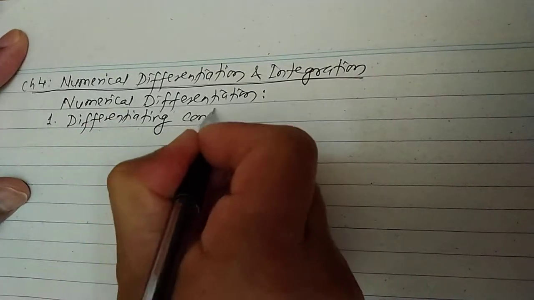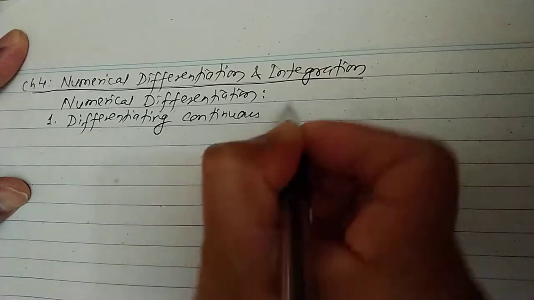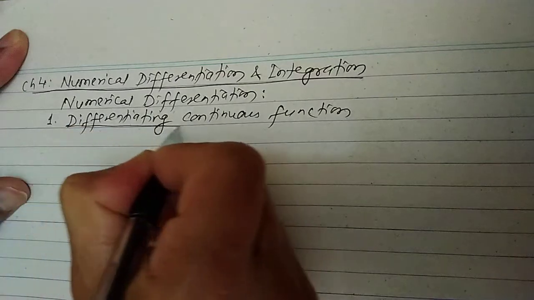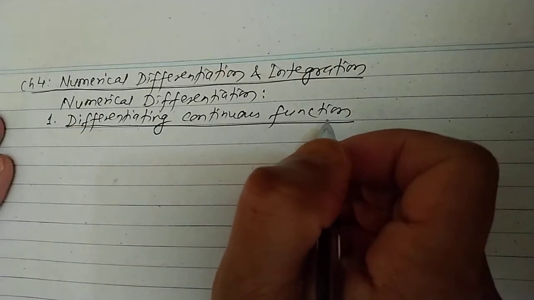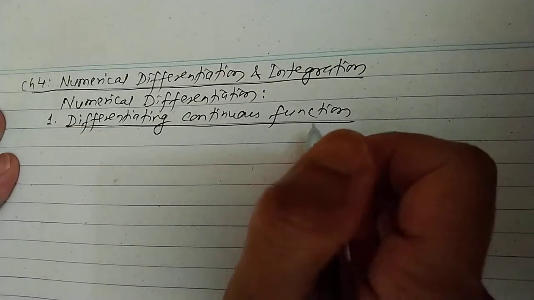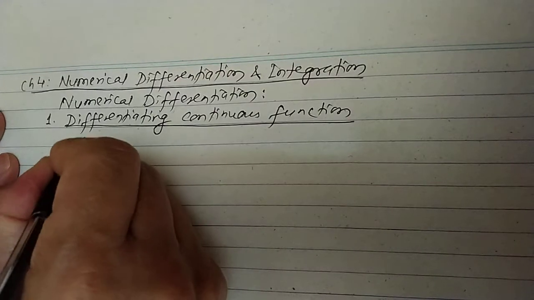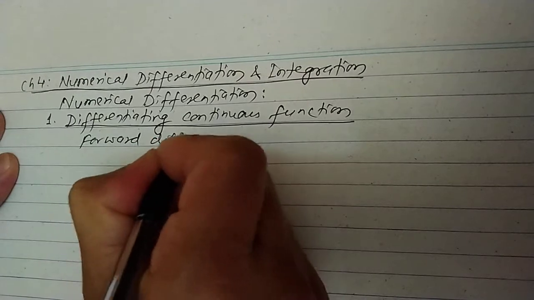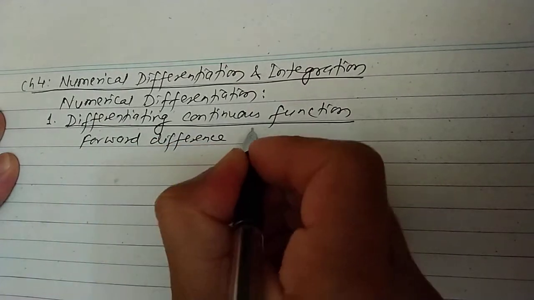Differentiating continuous function. So we have three formulas for this: forward difference quotient.